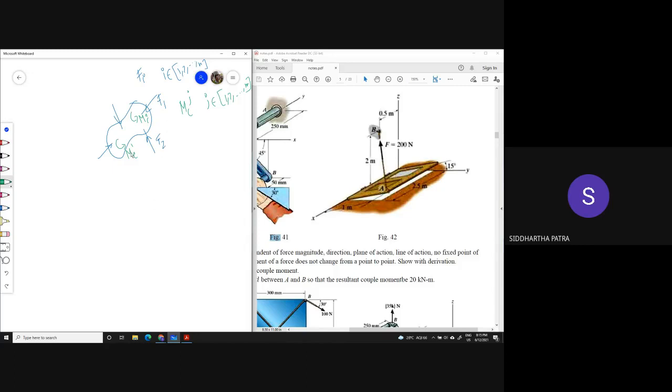Now you can argue these couple moments are formed by some forces. Couple moments are formed by a set of couples. Yes, you can represent everything in terms of forces. But the thing is, once you have a couple and you have calculated the couple moment, it doesn't matter whether these two forces, imagine they are on the plane of paper, form the couple, or these two forces.